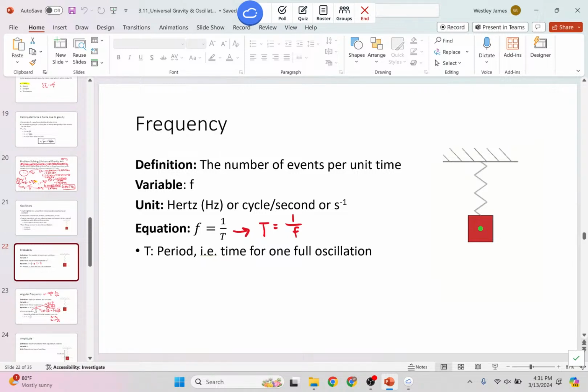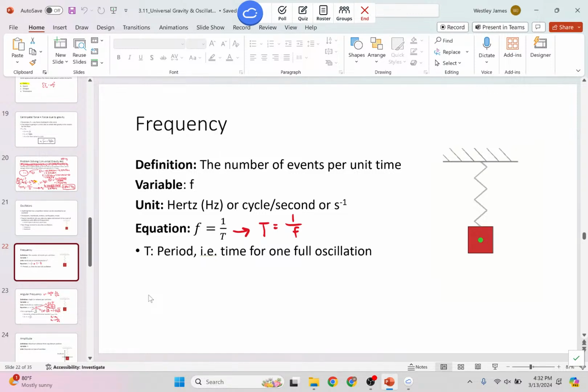So in this case, in 1 second, how much of a cycle does it do, or how many cycles, could be a fraction. A cycle here is not down, a cycle here is not up, it's down and then up. It's a full thing. So pick some spot, a full cycle is when it returns to that spot. That could be bottom to bottom, that could be middle and then going back to the middle.